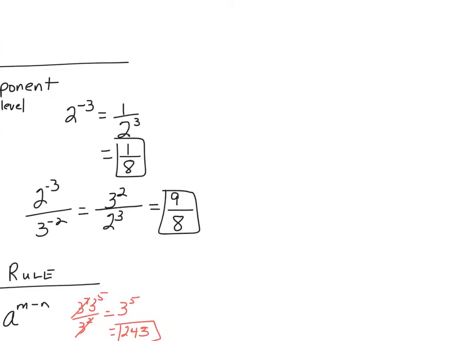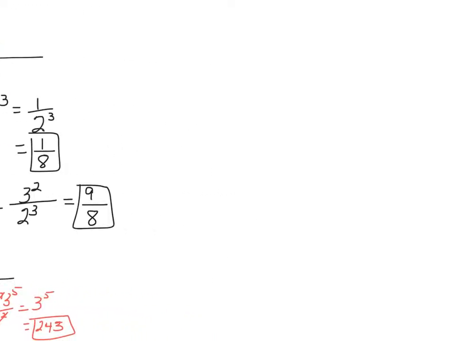Okay. Now, let's go a couple steps further then. What if then we had something like this? What if I had 5z to the negative 3, and again the goal is to make all the exponents positive. My question to you is, does 5 have a negative exponent?